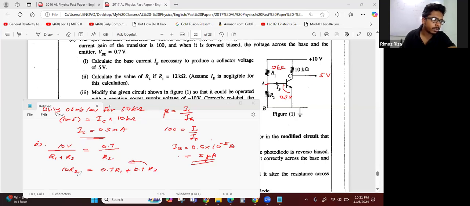So 10 minus 0.7 is 9.3 R2 equals 0.7 into R1, which is 12 kilo ohm. So R2 therefore is 0.7 multiplied by 12 divided by 9.3 kilo ohm.